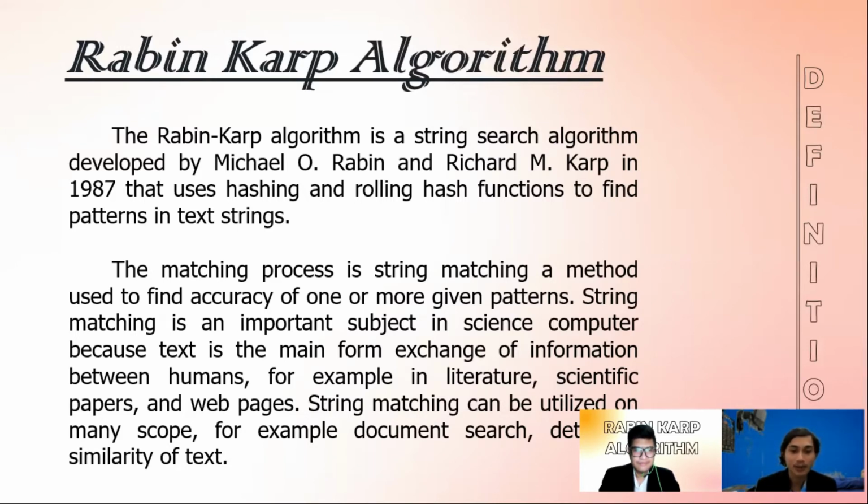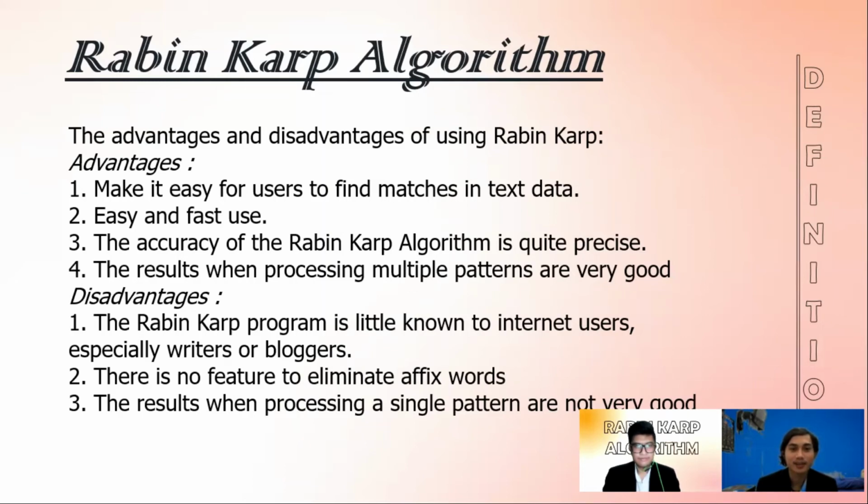The advantages and disadvantages of using Rabin Karp. First advantage, it makes it easy for users to find matches in text data. Second, easy and fast to use. Third, the accuracy of the Rabin Karp algorithm is quite precise. Fourth, the results when processing multiple patterns are very good.